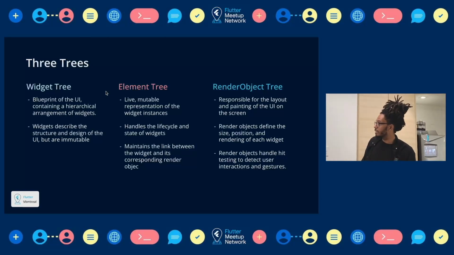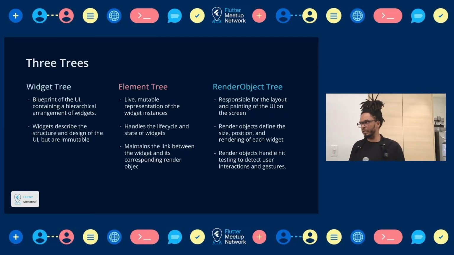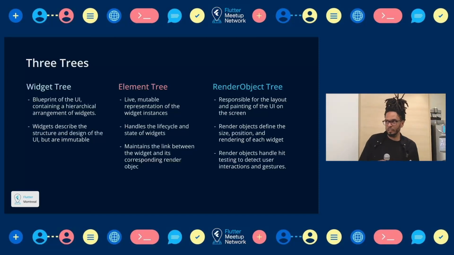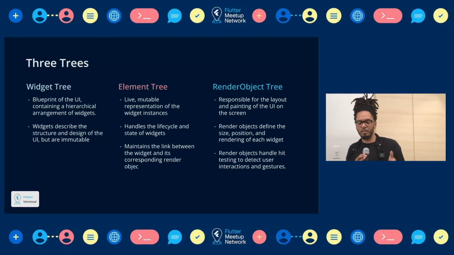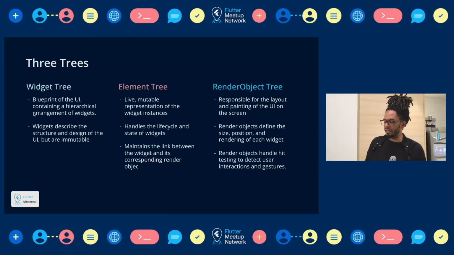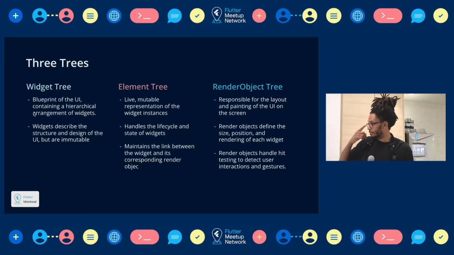The element tree, on the other hand, is the instantiation of these widgets that you've created. It is long-lived, will persist across frames, will handle the life cycle of the widgets, and does the connection between the widget tree and the render object tree.